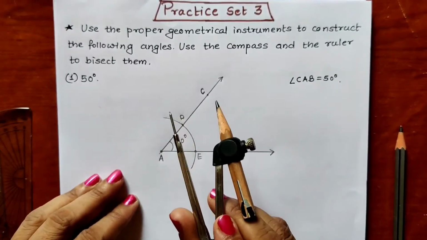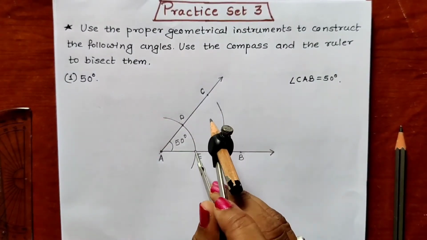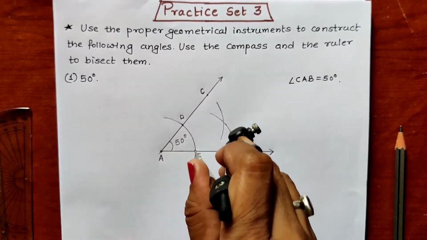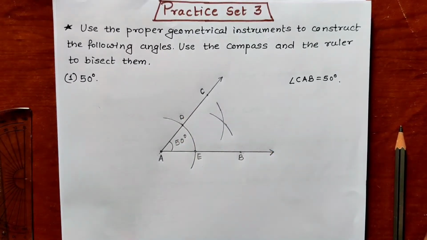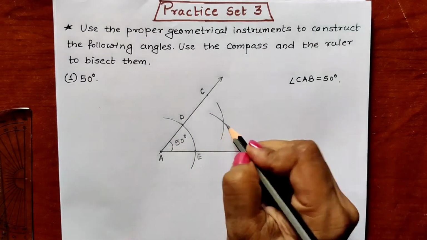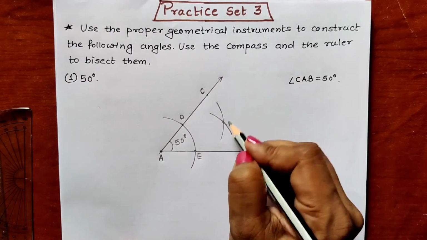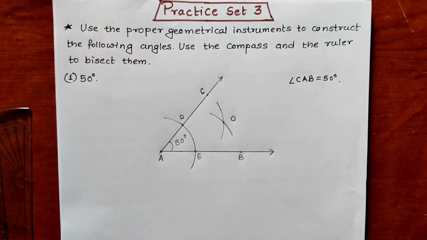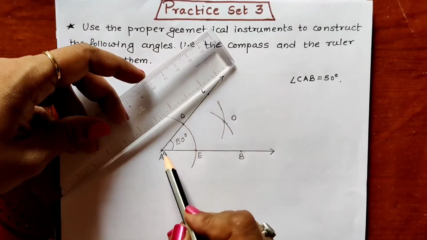Now without changing the distance in the compass, place this point on point E. Draw another arc which intersects the previous one. In this way we have got this point of intersection. We can give any name to this point, maybe O. Now we can use our ruler to join this O with A.